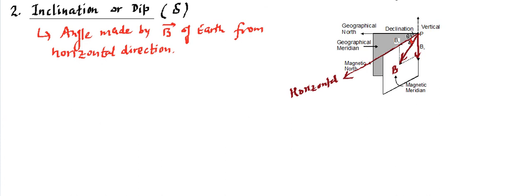Once you have understood theta and delta, we are very close to finding what B is going to be. So there's a third element which is also required for us, the horizontal magnetic field. So third is the horizontal magnetic field of Earth.